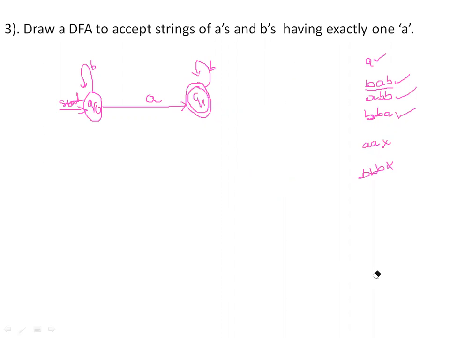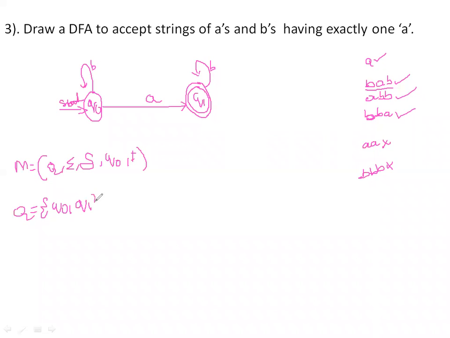Fine. So now, how can we write the machine for this? Machine M will be equal to Q, comma, sigma, comma, delta, comma, Q0, comma, F. Here, as usual, Q will be equal to Q0, comma, Q1.